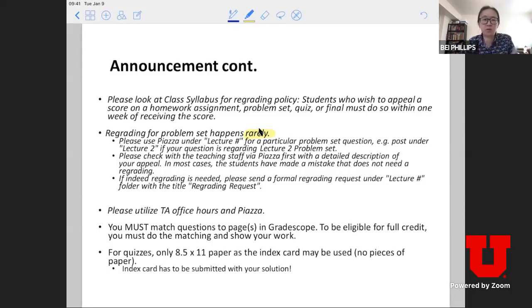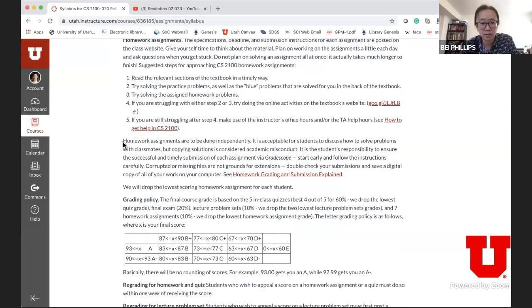So let me just share my screen about independent work. Yeah, and I believe the student had already finished the assignment independently, and was just wondering. The best guidance is to look at the syllabus. So for example, here, this is the syllabus. Homework assignments are to be done independently.